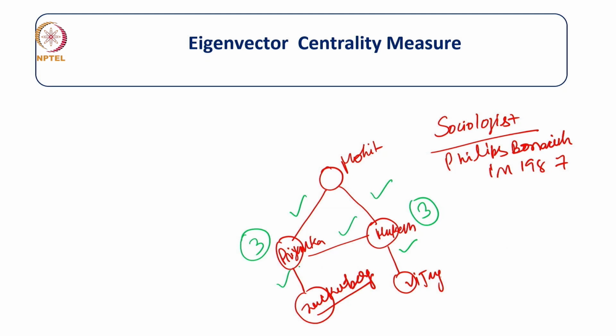So from here we can conclude that Priyanka is more influential compared to Mukesh. This is what the eigenvector centrality measure is. It captures the global influence of the nodes, focusing not only on quantity but also on quality. One of the famous applications of eigenvector centrality is the PageRank algorithm.